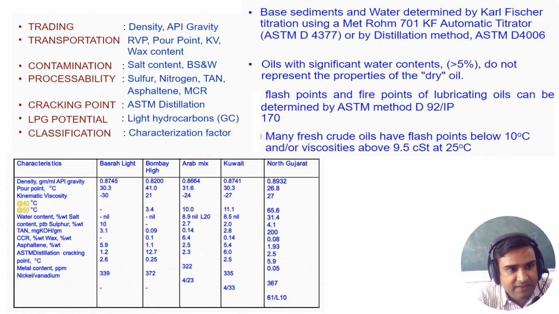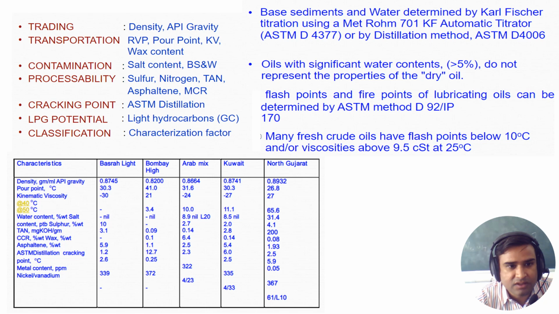You can see we have density, API gravity, pour point, kinematic viscosity, water content, then we have sulfur content, total acid number, wax content, asphalt, then distillation, cracking point, metal content, nickel and vanadium content. This is Basra Light, an area where we find crude oil.